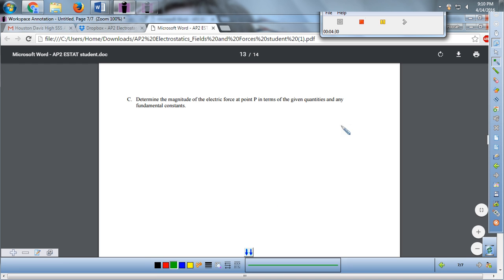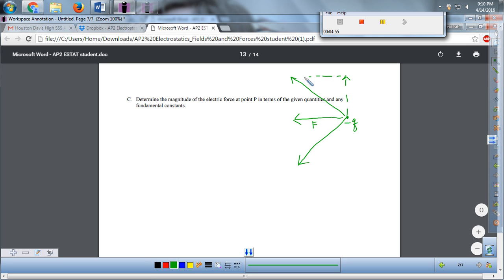Okay, so we already know that at point P we have that little negative q. And we know that it experiences a force in that direction. And it's made up of, this is actually the force and this is the force, but we said that these components would cancel with that one right there.